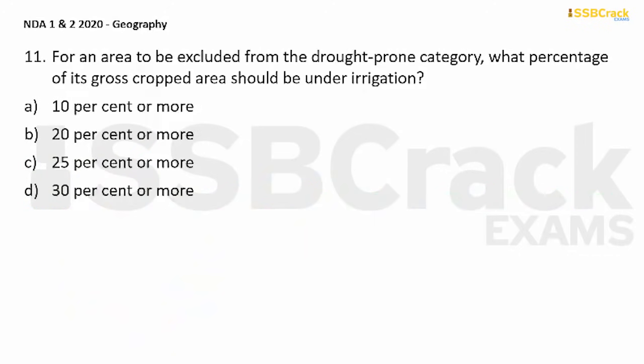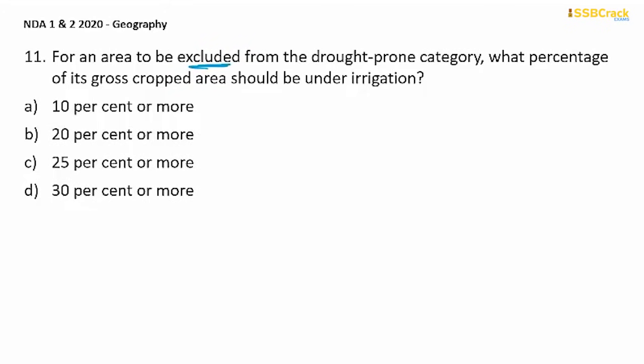Moving on to our next question. For an area to be excluded from the drought prone category, what percentage of its gross cropped area should be under irrigation? Again, this is from the agricultural sector. Most of the questions from the Indian geography part have been asked from the farming sector and the natural vegetation sector only. So let's check this also.